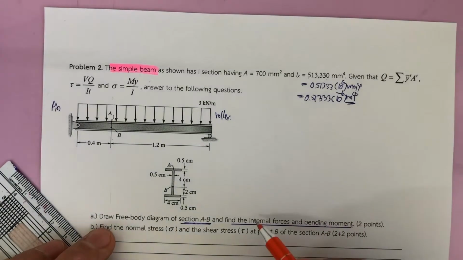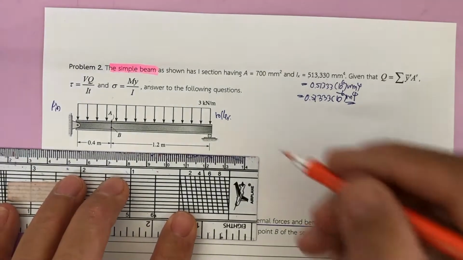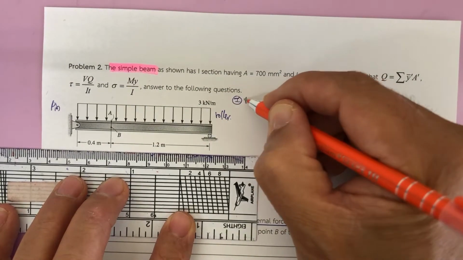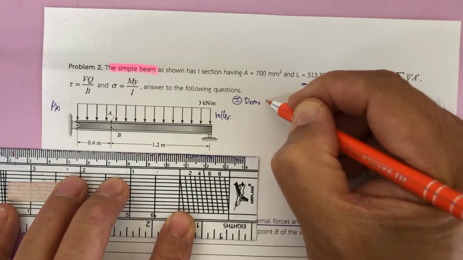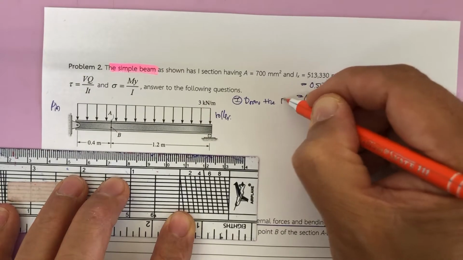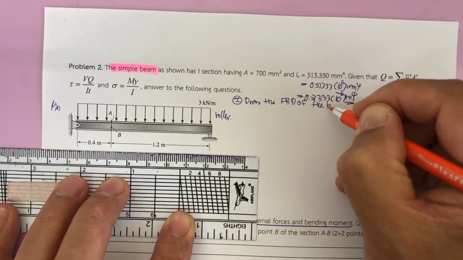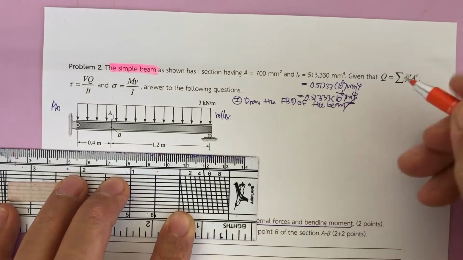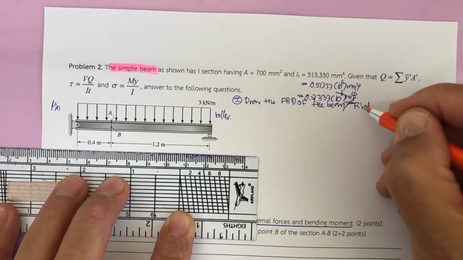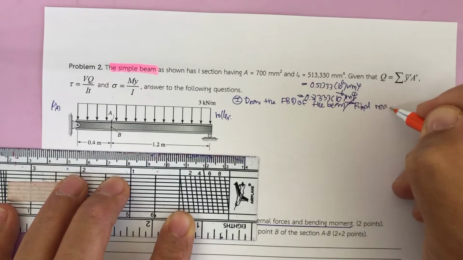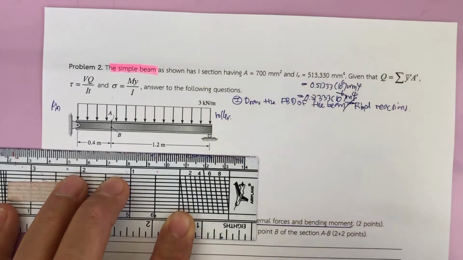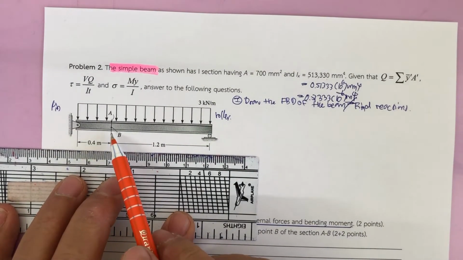Before we can find the internal forces and internal loading, we have to draw the free body diagram of the beam, and then find the reactions first. When we find the reactions, we can find the internal forces and moment.